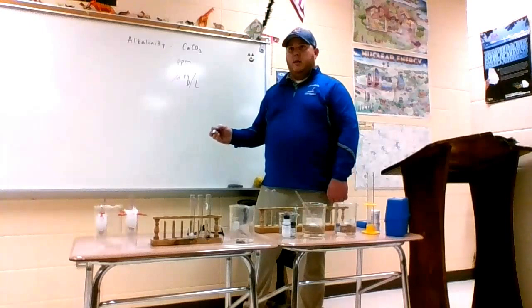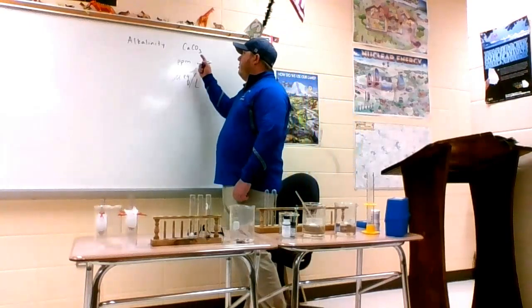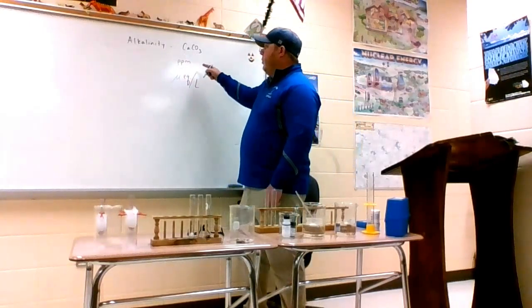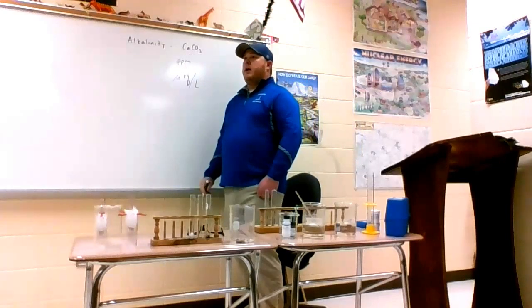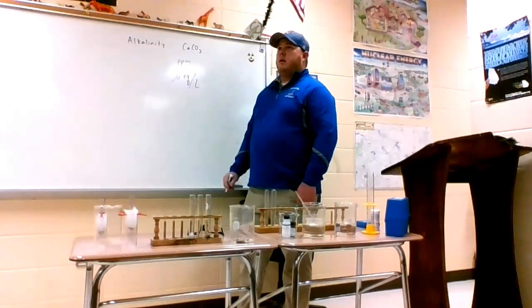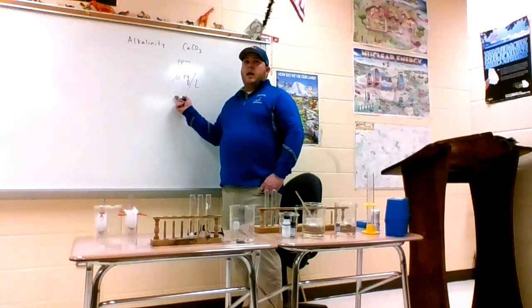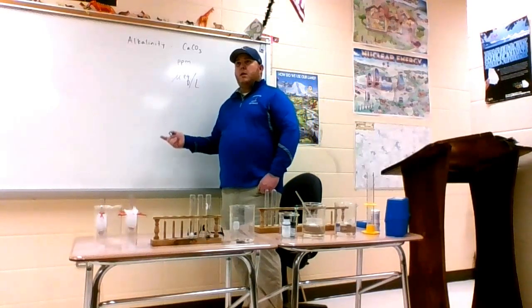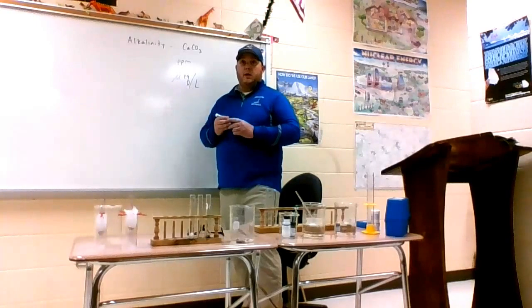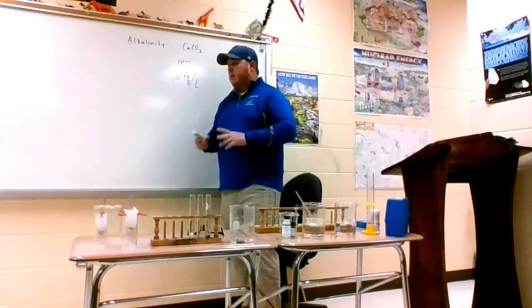That's it? That's it. Cool. So if the alkalinity is 20 parts per million of CaCO3, it's the same thing as saying the alkalinity is 400 microequivalents per liter of CaCO3. So it's just multiplied by 20.